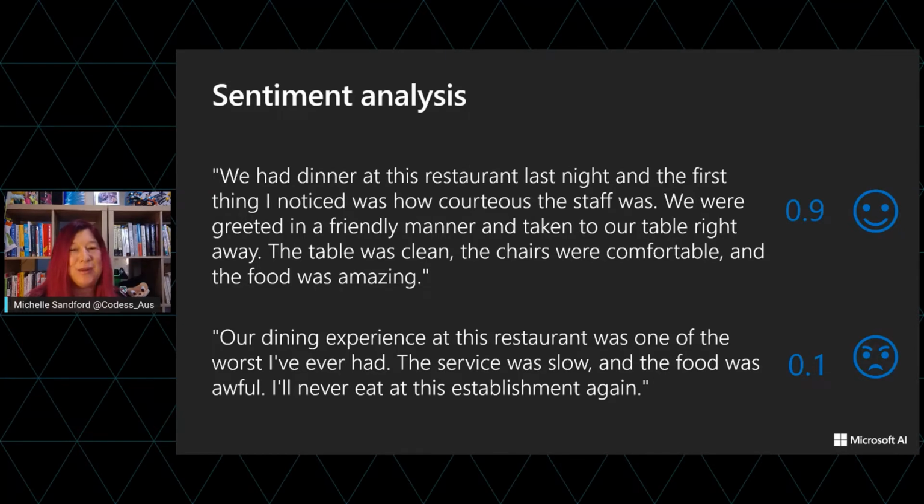All of those things are what it's picking out in order to get the 0.9. Worst, slow, awful, never eat. I think those are what it's picking out in order to give it such a bad or a low sentiment analysis.